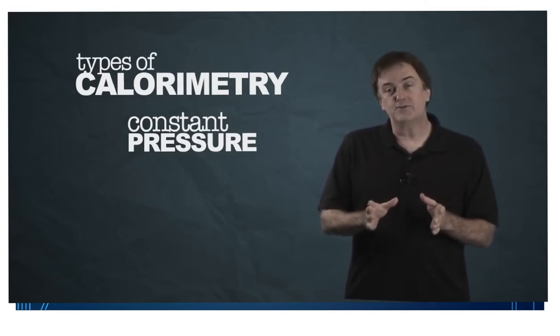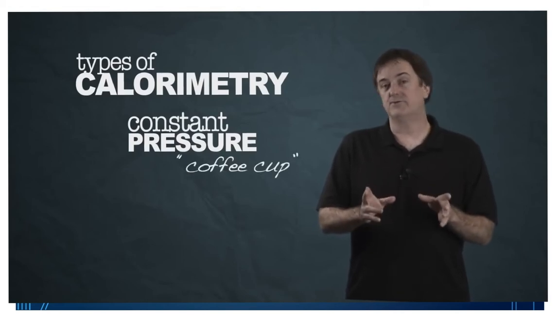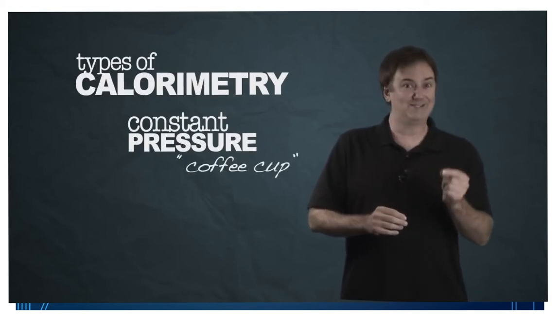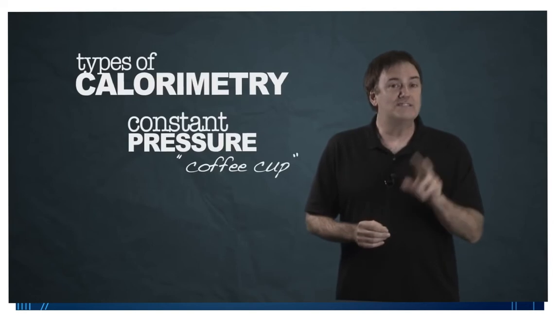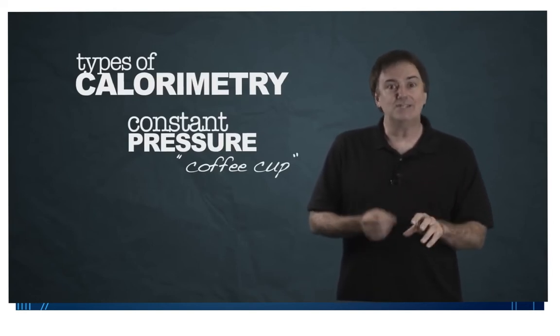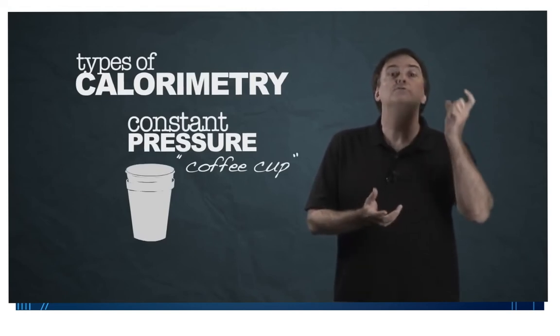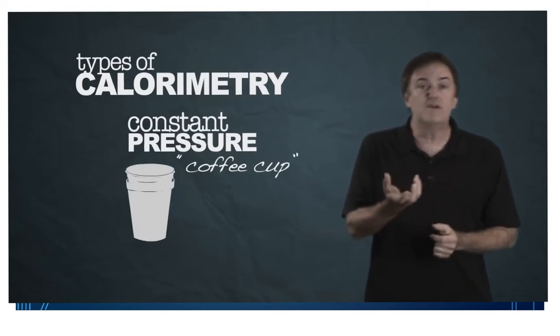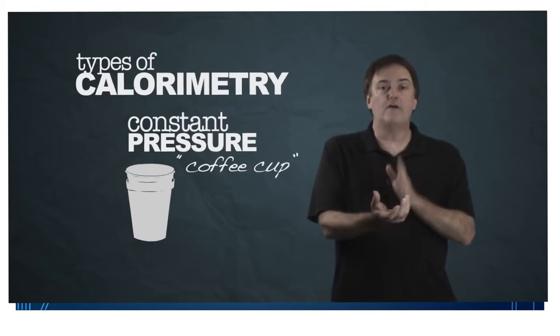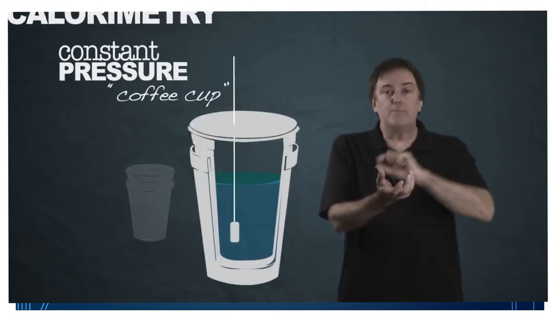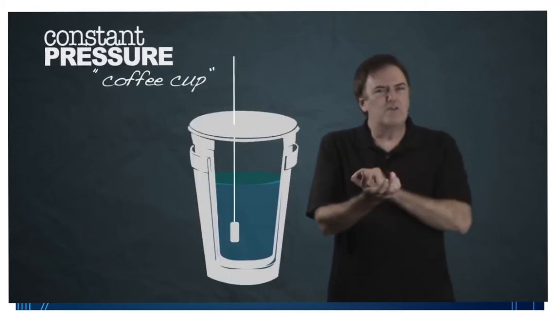Constant pressure calorimetry, we also call it coffee cup calorimetry, which will help you remember that it's super easy to make. When we say coffee cup, what we really mean is a cheap styrofoam cup. Heck, go crazy, get 2 styrofoam cups and stick them in each other. You've got yourself the perfect coffee cup calorimeter. Fill it up with some water, maybe put one of your reactants in.